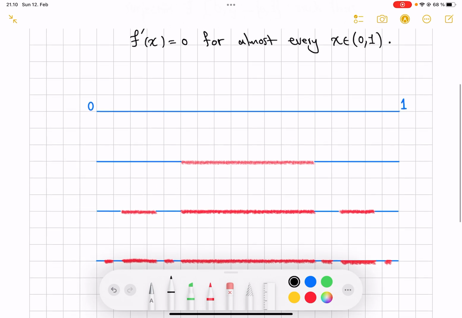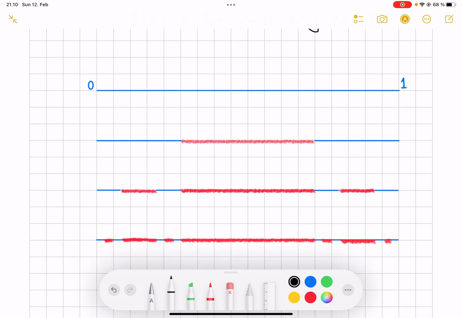We have been talking about Cantor sets a lot, and the benefit of this construction is that you don't have to have the standard Cantor set, but you can have it with any parameter lambda, where lambda is positive and less than 1/2.